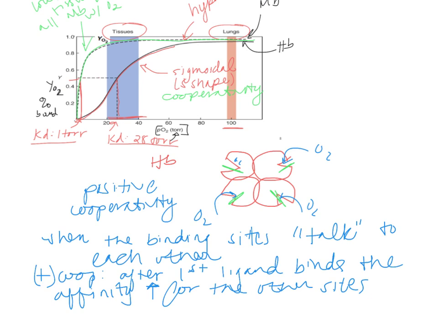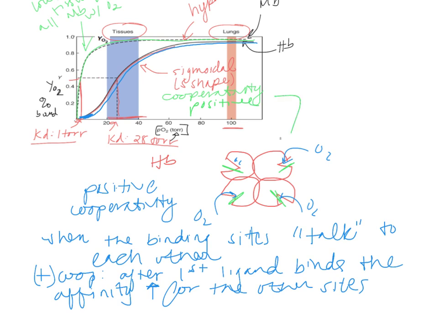I'm going to say that one more time. At low oxygen concentration, there's almost no oxygen bound to the hemoglobin. After the first oxygen binds, the second 2 bind very rapidly, and then the 4th one binds, and then you've completely saturated your hemoglobins. So the sigmoidal shape curve in this case indicates positive cooperativity.